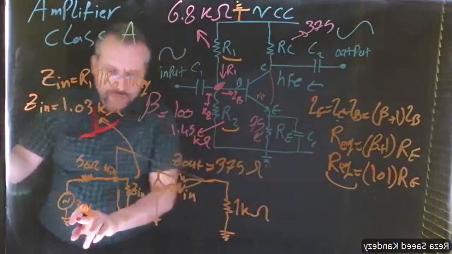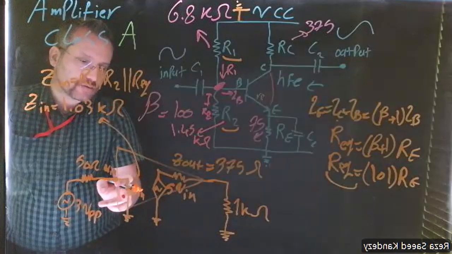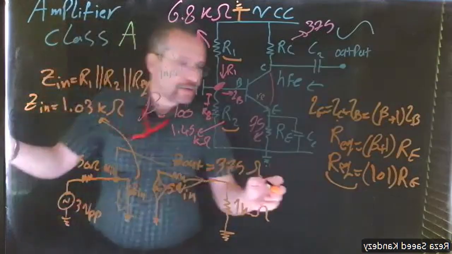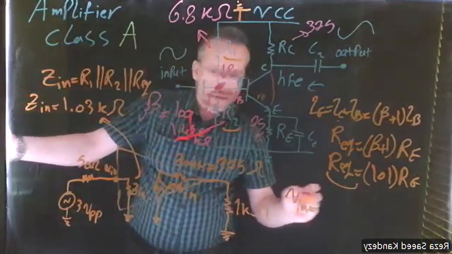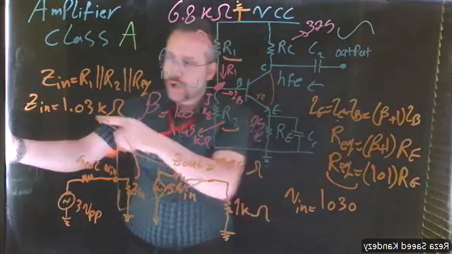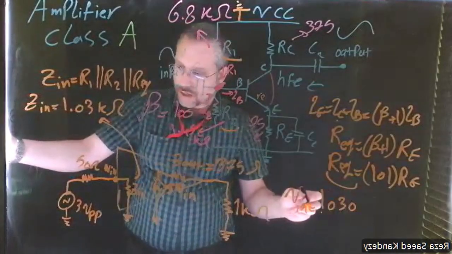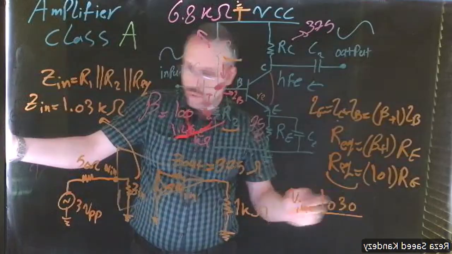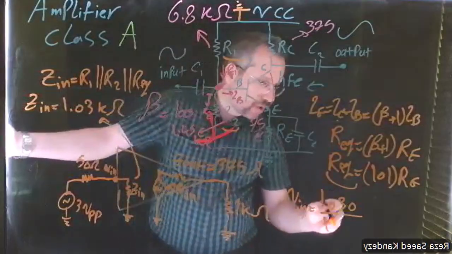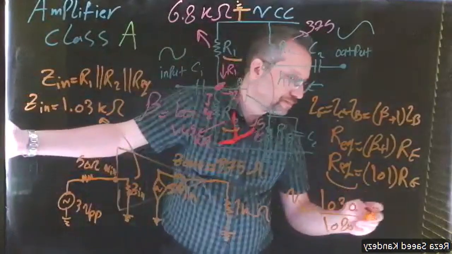Now let's see what's going to happen in our system. Now we have 3 volts. The voltage in is going to be a divided voltage between the 50 ohm and that 1 kilo. So the voltage in is going to be 1.03 kilo over that 1.03 kilo plus that 50, times the whole voltage, which is 3.